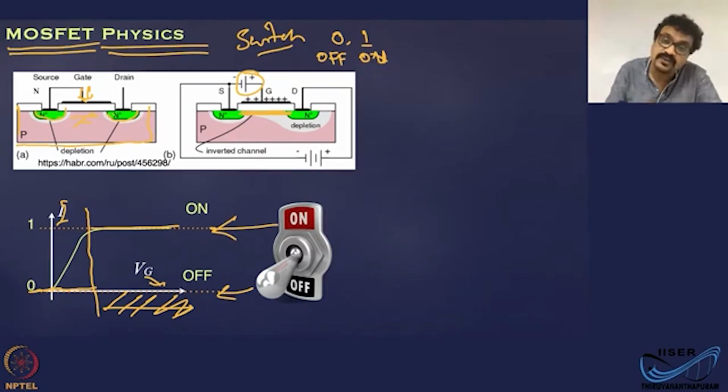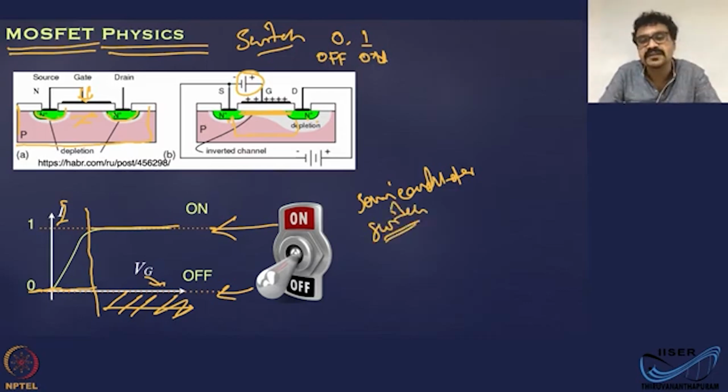There are two states, on or off, and that state is controlled by the gate voltage Vg. This is again like a relay, where you have a connection between these two n regions depending on whether you have gate voltage or not. So it's actually a semiconductor switch.